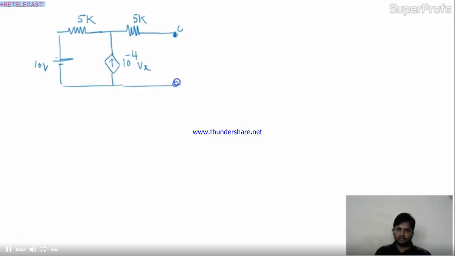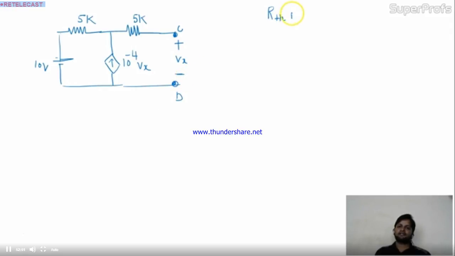Terminal C and D, and across this terminal only they have given Vx. Okay, and the question is, find out the Thevenin equivalent resistance in kilo ohm across CD.